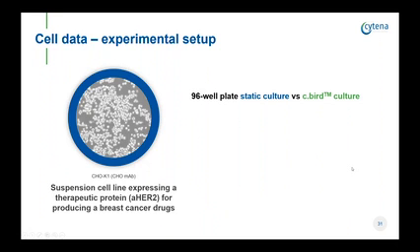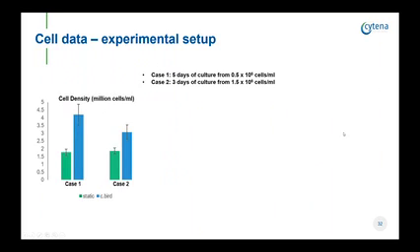I will now show you some data from experiments that we conducted on CHO cultures with and without the CBIRD system. In this case, we used a suspension cell line, a CHO-K1 cell line expressing a therapeutic protein. We did this by pipetting cells into each well of a well plate, and then monitoring the cell density, the protein yield, and the volume-specific productivity per cell in static cultures and in CBIRD suspension cultures.